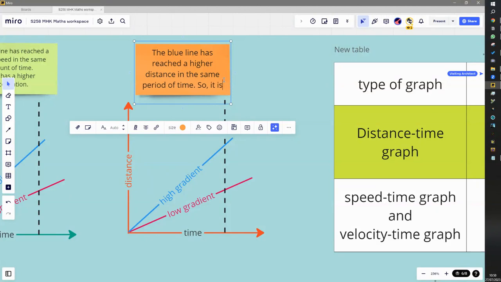So it must be traveling at a higher speed.